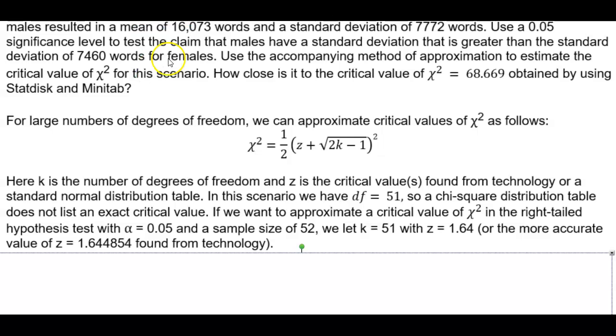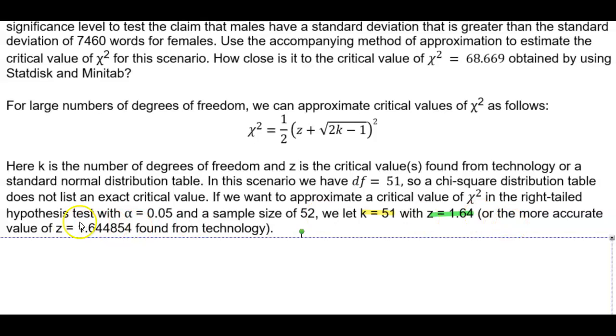We're going to let K represent 51, which is the degrees of freedom. We have the value of Z, which is going to be equal to 1.64. A more accurate value of Z would be found from technology.